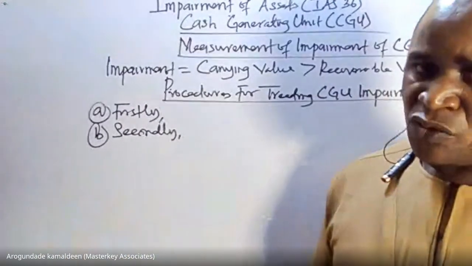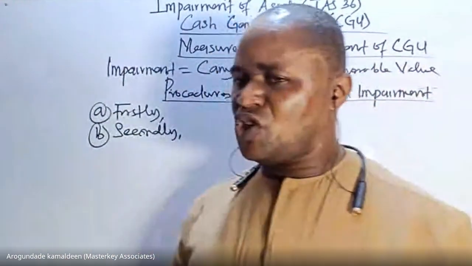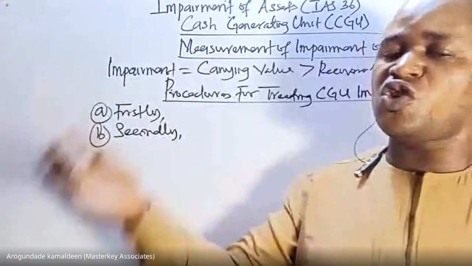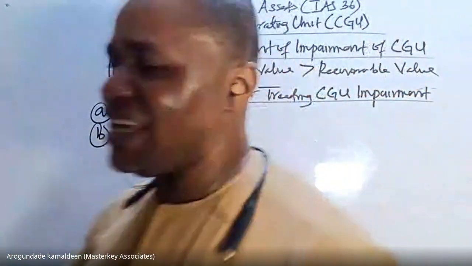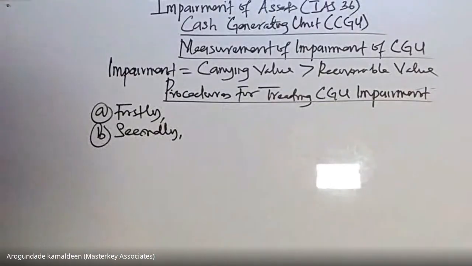Is that clear? So you now allocate to the goodwill of the CGU. The goodwill should be completely written off, to zero level. Be with me here, please, till zero level.